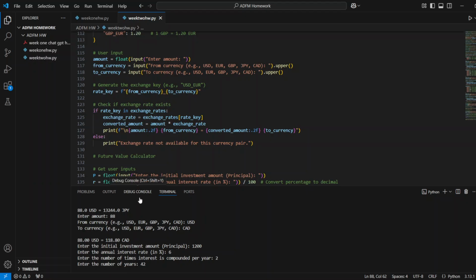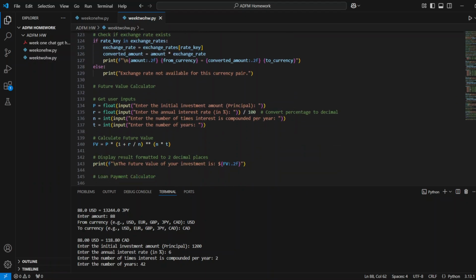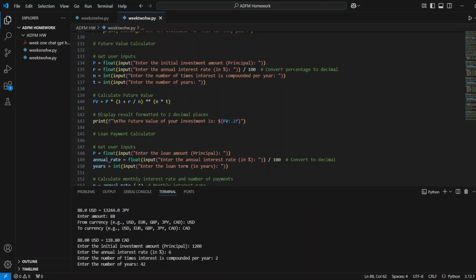And then the next section would be lines 131 to 143. I wanted to create a simple program to calculate the future value of my investment after a certain number of years. So I wanted to start with the principal.